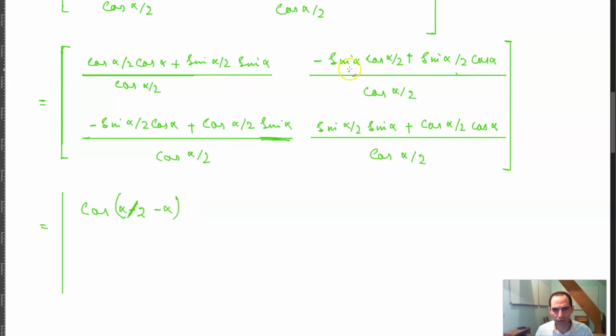And this one I'm going to write as, so here you have sine alpha by 2 cos alpha minus cos alpha by 2 sine alpha, which is the same thing as sine of alpha by 2 minus alpha, right?